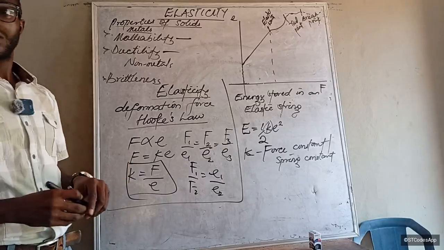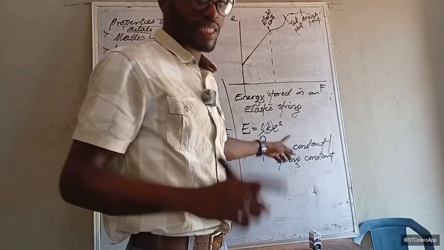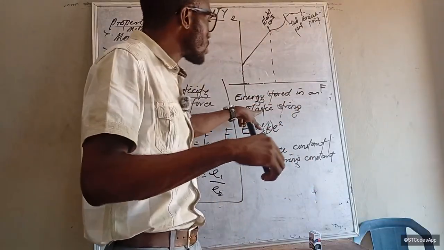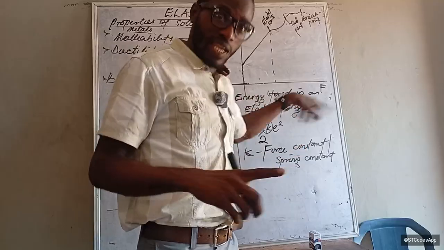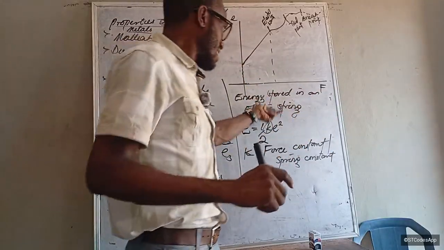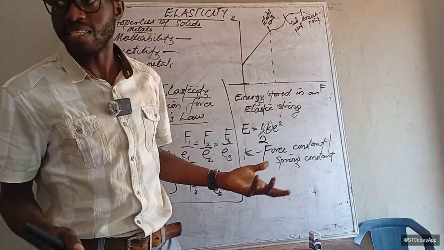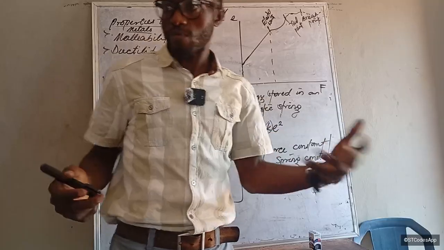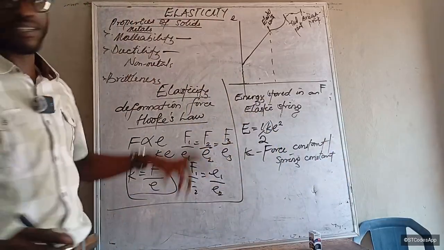I used string here because we use the word elastic, so it will be an elastic string, but if I say spring, it is elastic. Do you understand now? An elastic string will work like a spring. Make sense? They have the same kind of property as far as elasticity is concerned.